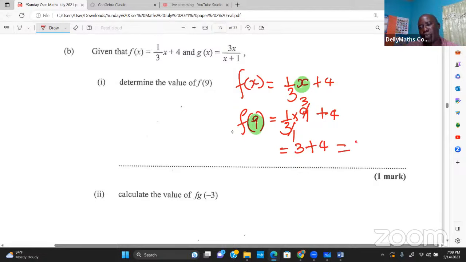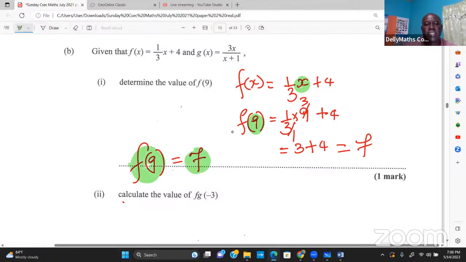Our value is 7. So f of 9 gives 7. Doesn't get harder than that. Relax. Get out your responses as you go. Let's continue working.